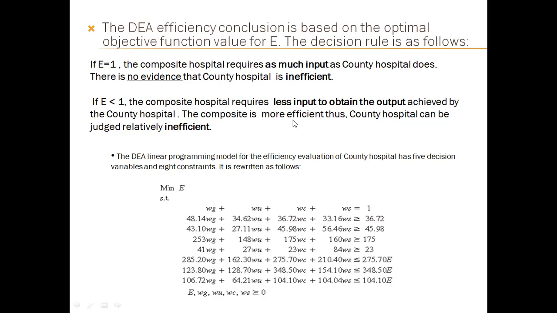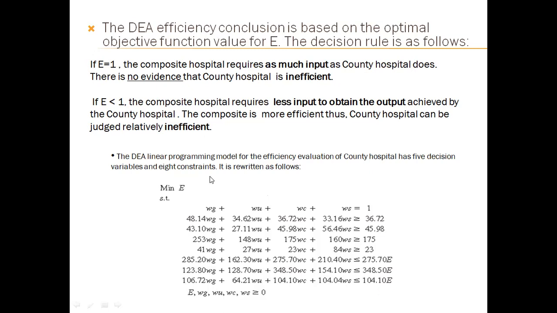So the composite is more efficient, or better, than county hospital in terms of the inputs and outputs. Therefore, county hospital can be judged relatively inefficient if we have less input to obtain the output.